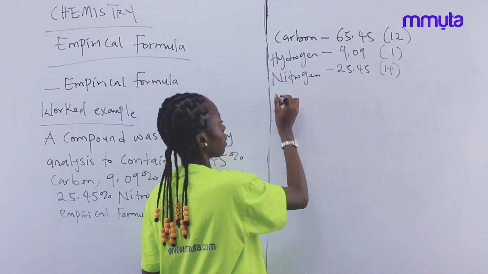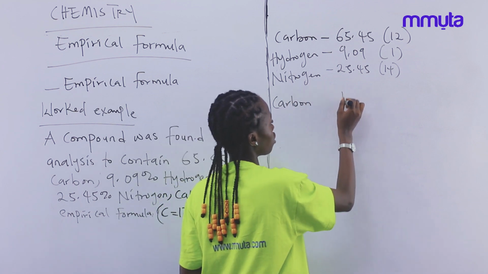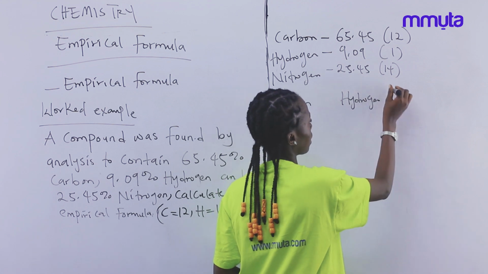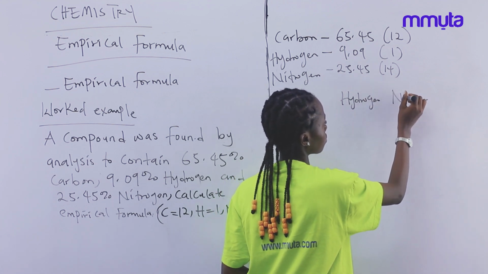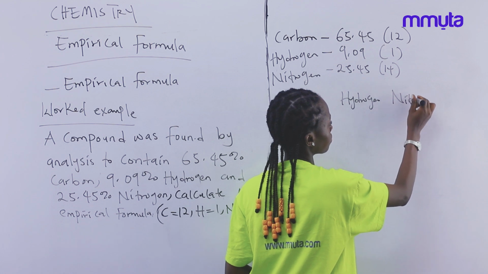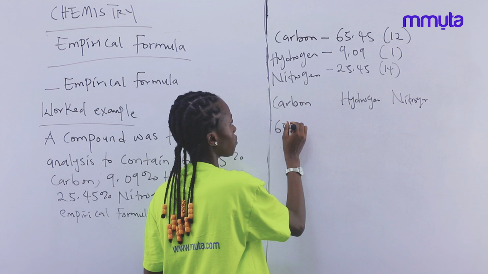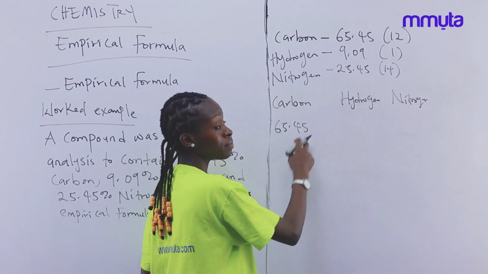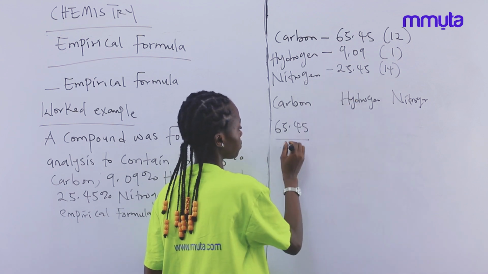Now, we bring down carbon, we bring down hydrogen, and we bring down nitrogen. Now we say 65.45 divided by its relative atomic mass, which is 12.